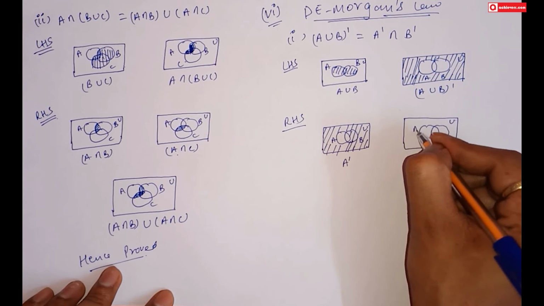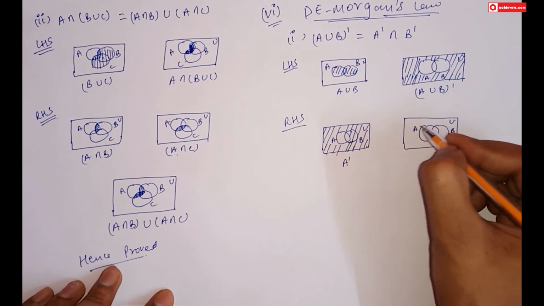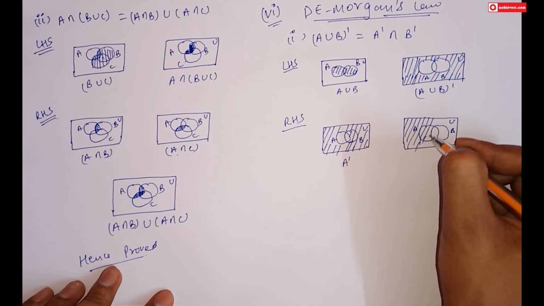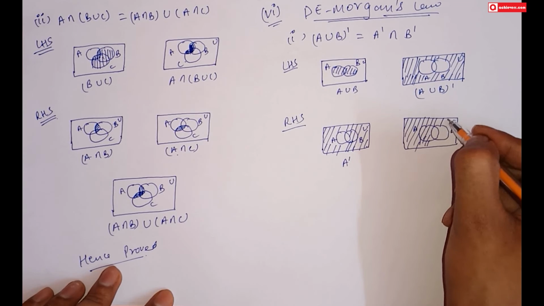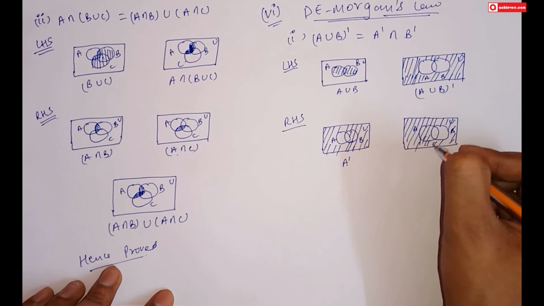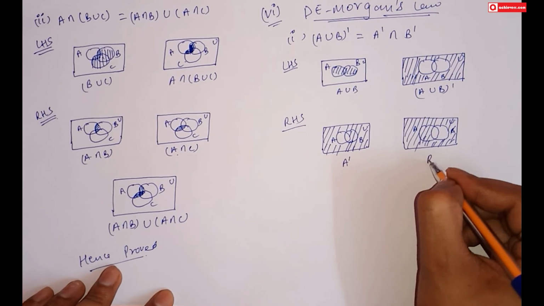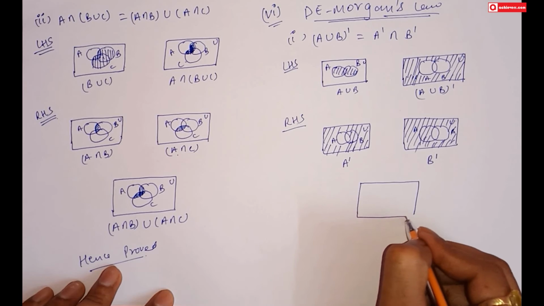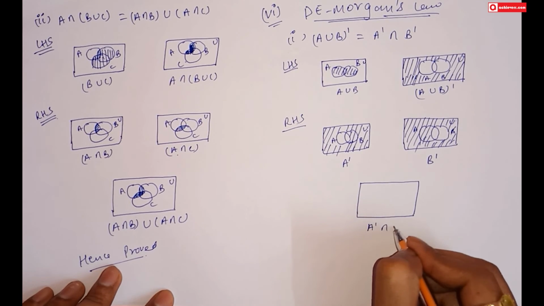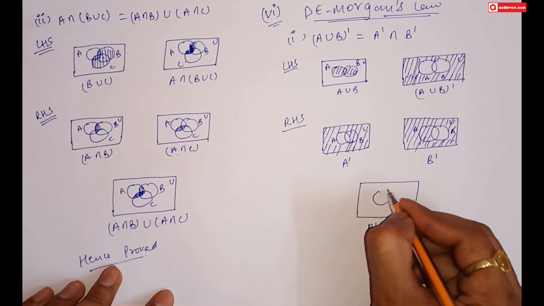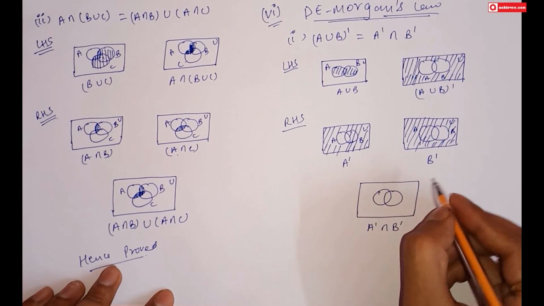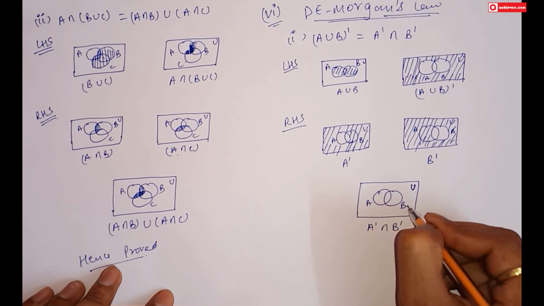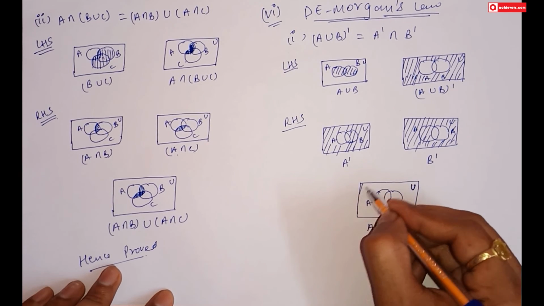Similarly, B complement will also include everything that is not there in B. So it will include the part of A which is not there in B. So this part is in B, so we will not include it. That is B complement. And what is A complement intersection B complement? The portion which is common in the above two figures which we have discussed. What is common? This whole part.